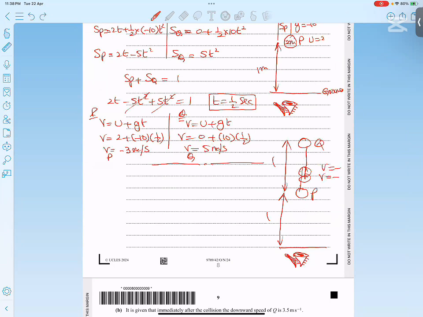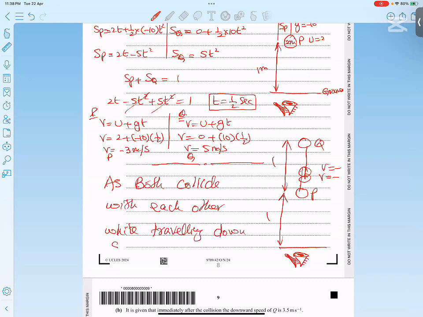So I will say that both collide with each other while traveling downwards. So velocity of VP is -3 and velocity of VQ is -5.